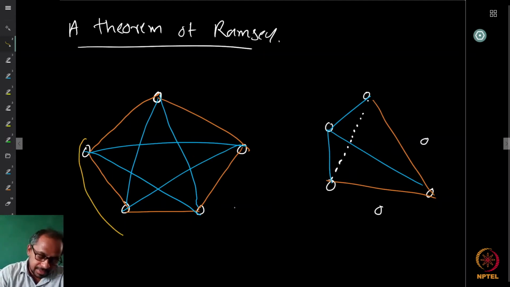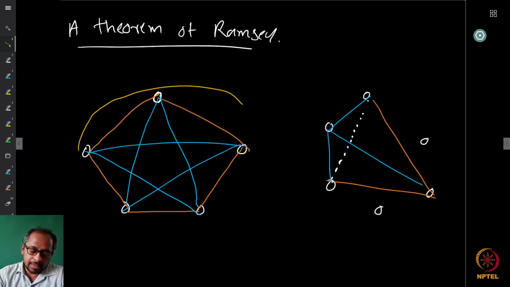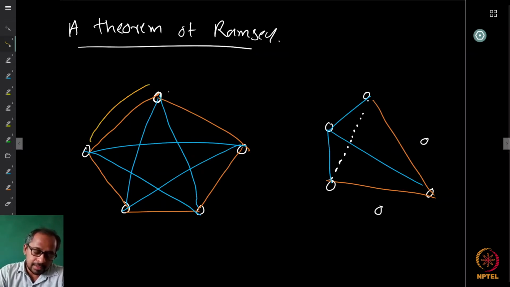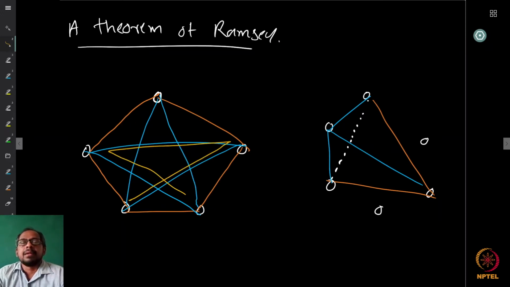Here is a five vertex complete graph, and I have given a two coloring of the edges. All the 10 edges are here, and this five cycle I give red color, and then on the inside I look at these five edges and give blue color.